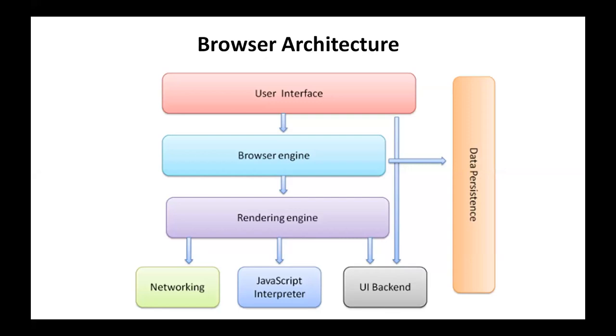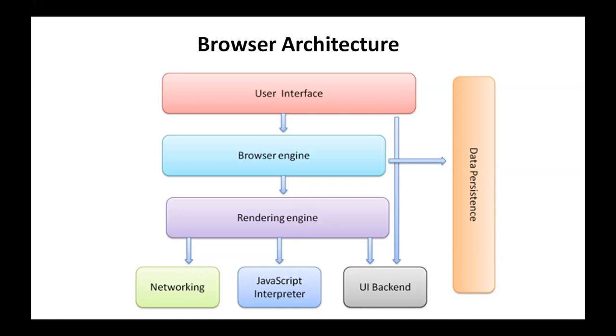Actually, this is the basic browser architecture. The user interface is nothing but the UI you are seeing on the browser. The browser engine is responsible for certain activities. What are those? I will tell you now. The rendering engine's responsibility is to generate output. Output is generated by the rendering engine. And networking is responsible for transporting data.